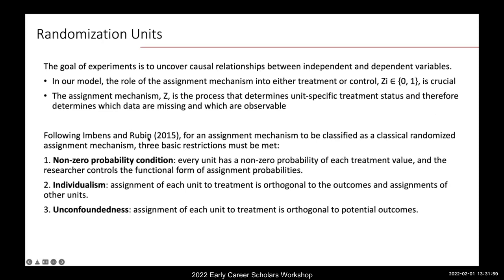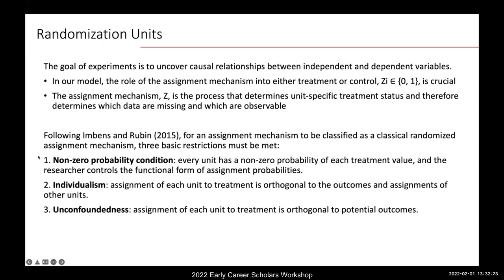Imbens and Rubin in 2015 defined 3 basic restrictions that have to be met so that we can classify an assignment mechanism as a classical randomized assignment mechanism. Because this is so important, we have this formalized here on this slide.